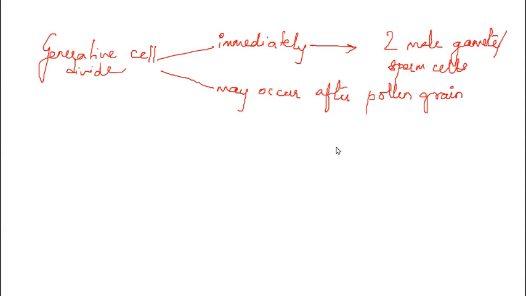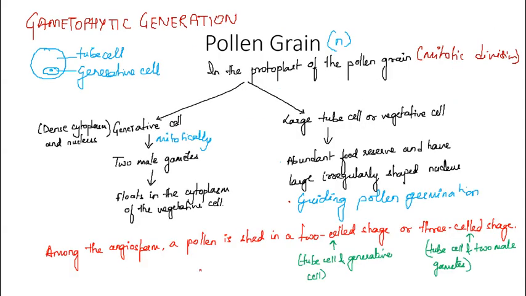So among the angiosperms, the pollen is shed in either the two-celled stage or the three-celled stage. Remember this. This is again an important part.